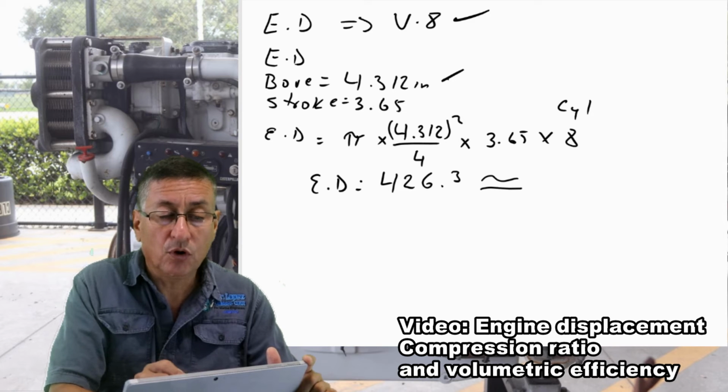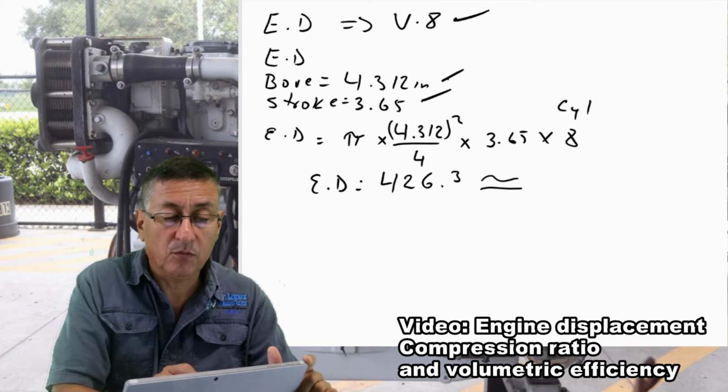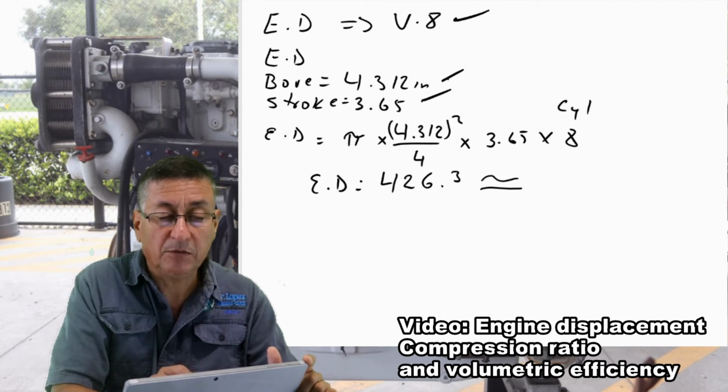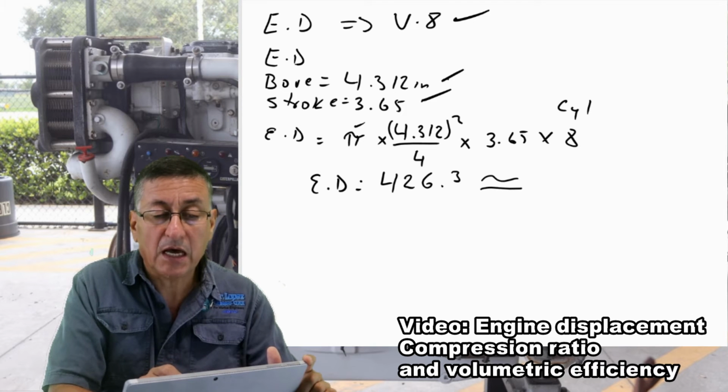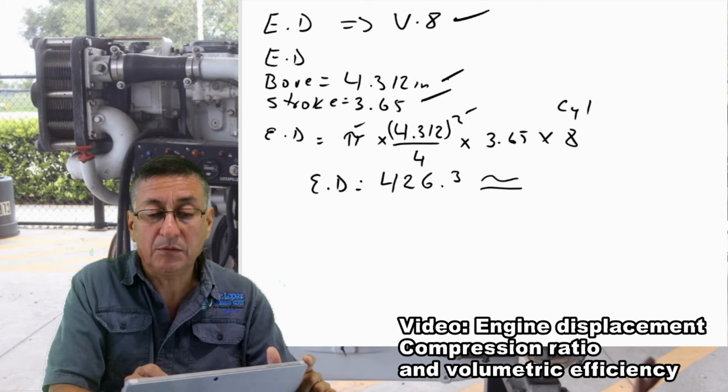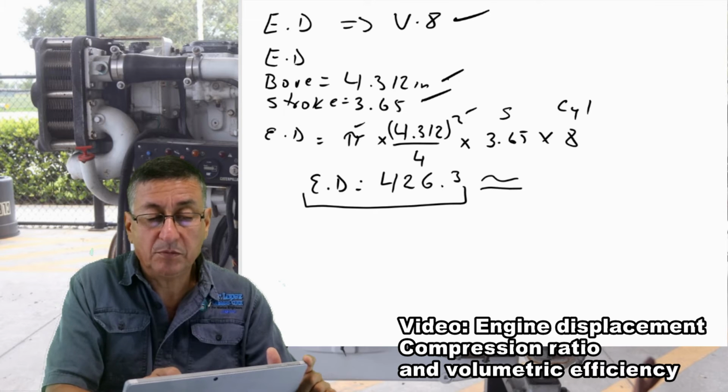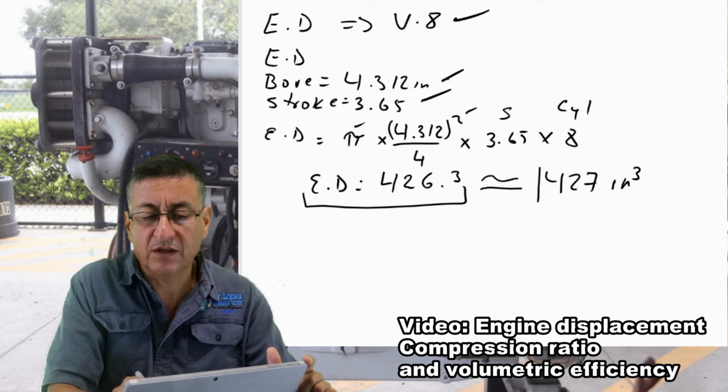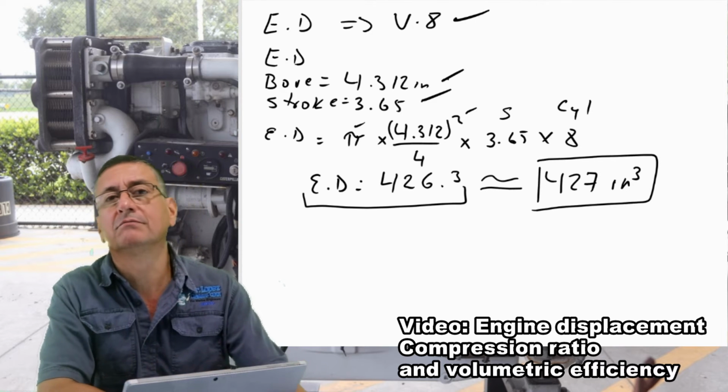We know the bore, we know the stroke, and the formula says that the engine displacement is equal to pi times the bore squared divided by 4 times the stroke and times the number of cylinders. In this example, the engine displacement is 426.3, and you can approximate to 427, and this is the famous 427 cubic inches.